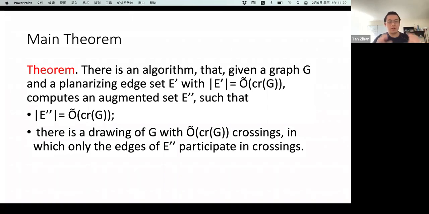So what we do is look at each cluster and recursively decompose it until it satisfies these properties. Basically, we start with E prime, and by deleting more edges, we put more edges into E double prime. Eventually, E double prime is just E prime with edges added recursively by decomposing the clusters.